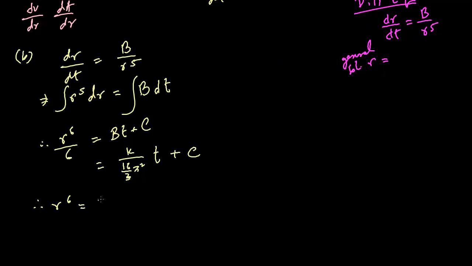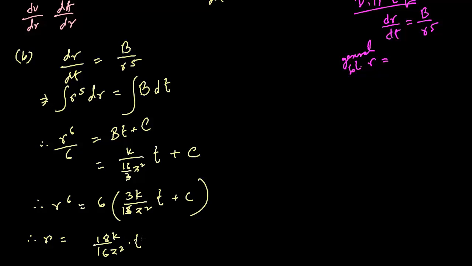R to the power 6 equals to this would be 6, this would be 3k by 16 pi squared t plus c. And if you write the value of r, so that would be 6 into 3 is 18. So 18 by 16 pi squared, this would be k and this would be t plus 6c, and the power would be 1 by 6 because of the power over here.